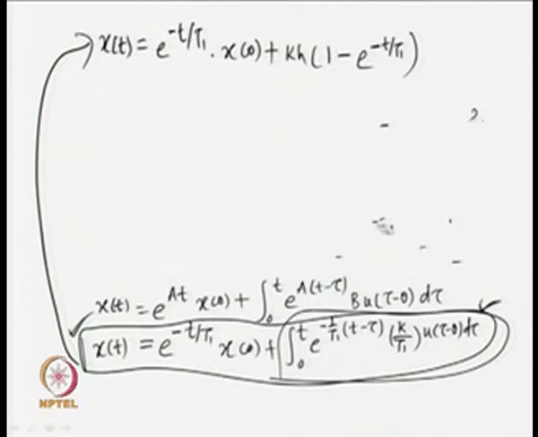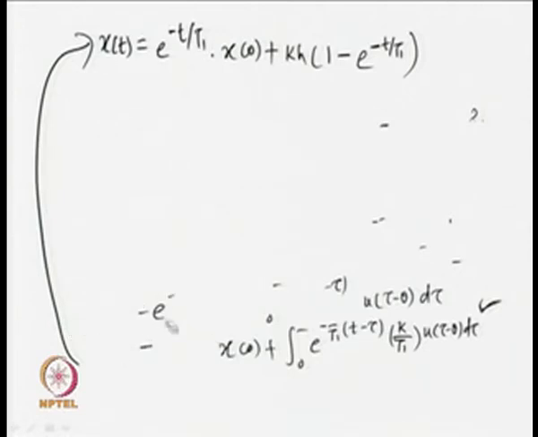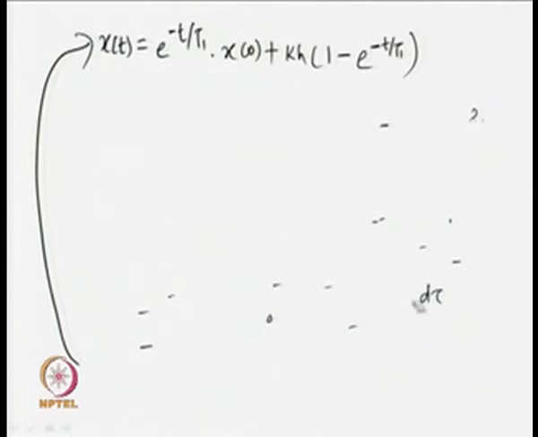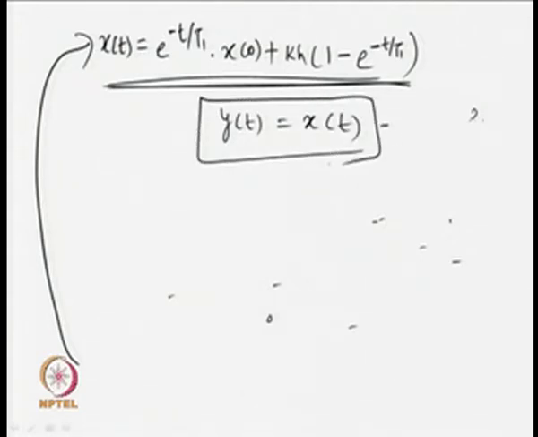Then the output of the system can be found using the output equation. What is C in that case? For the first order plus delay system, we found this expression with the assumption that y(t) is equal to x(t). So, if you have not forgotten, in that case C is equal to 1.